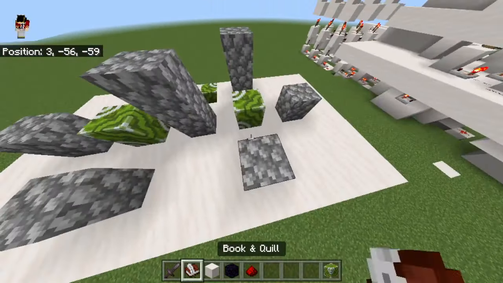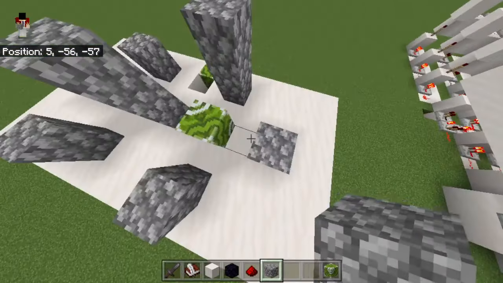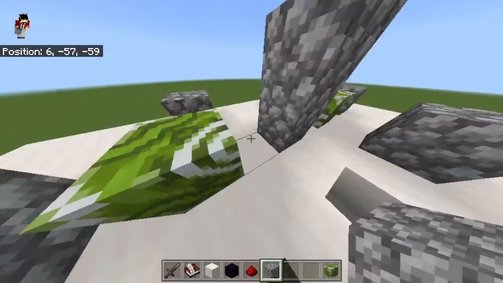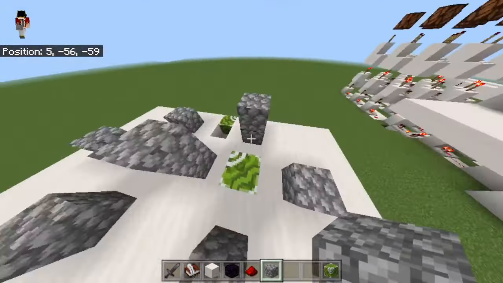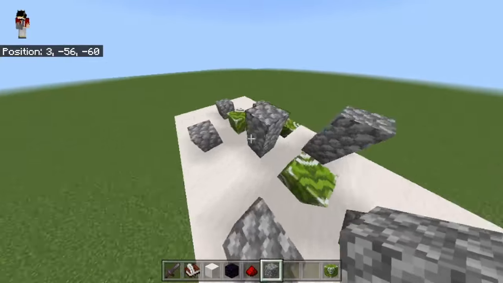Whenever I break this block, it will say the block is 1 block away from me. When I break this one, it will say it's 1 block away from me, and same for all these 2 as well. So it can't really tell the difference between these 4 blocks. It will give the same output for all of them.